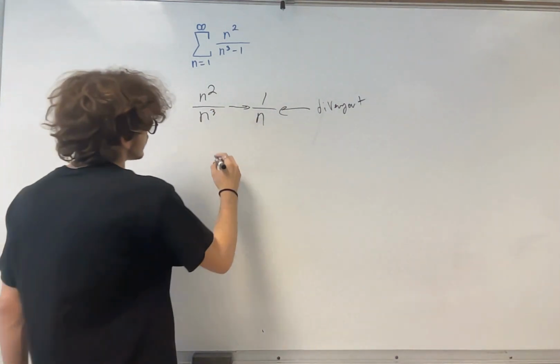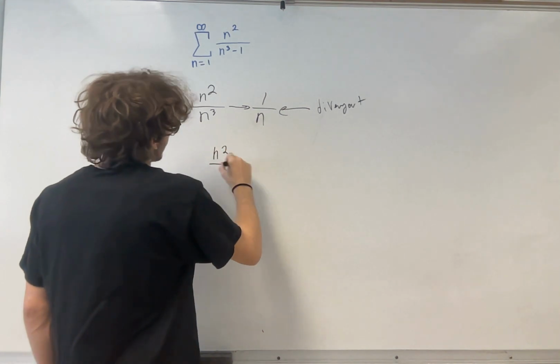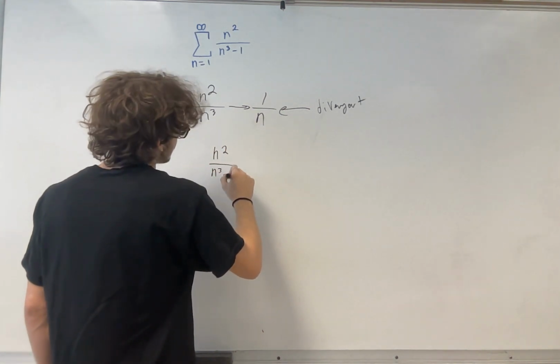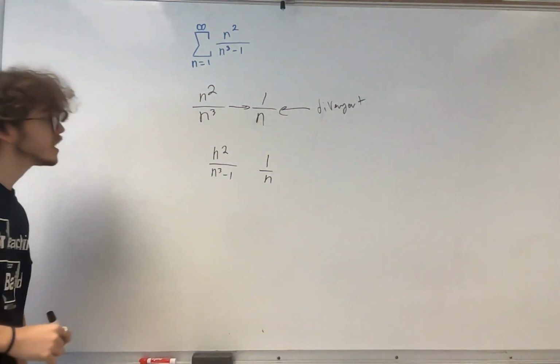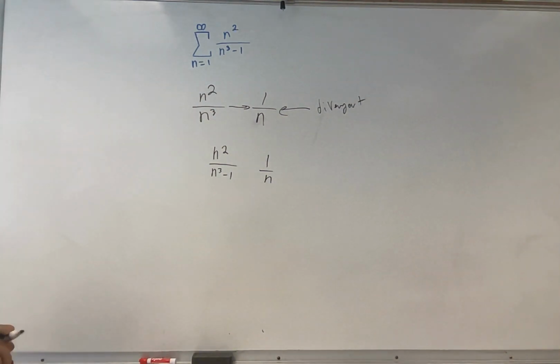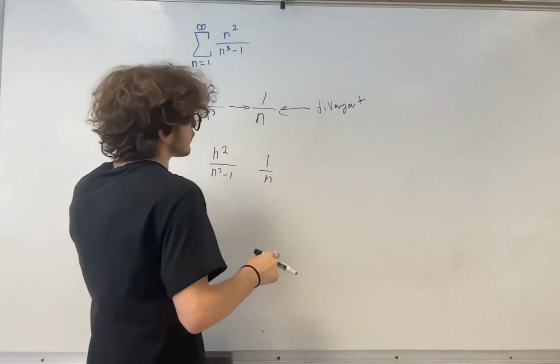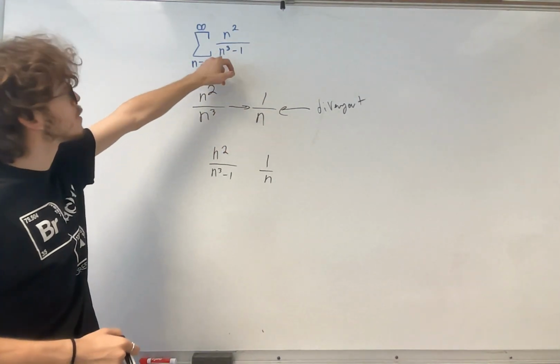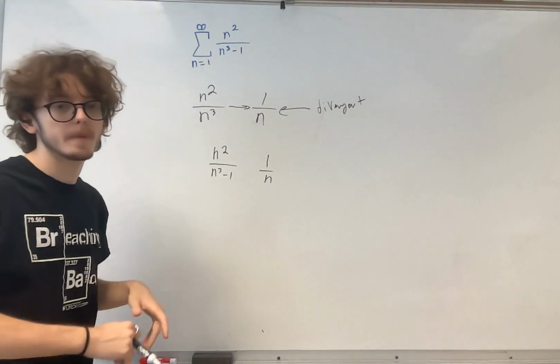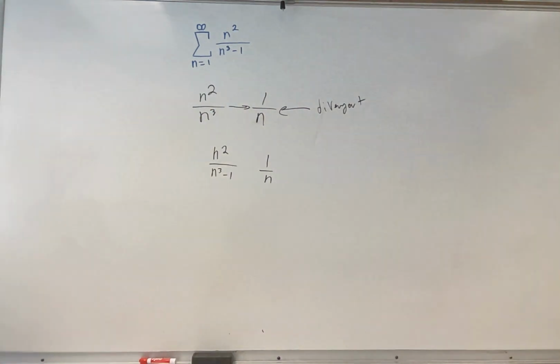But let's compare it to n squared over n to the third minus 1. What really is this? Well, let's think about it. This is the same as n squared over n to the third, but notice we're subtracting 1. What does this actually tell us?